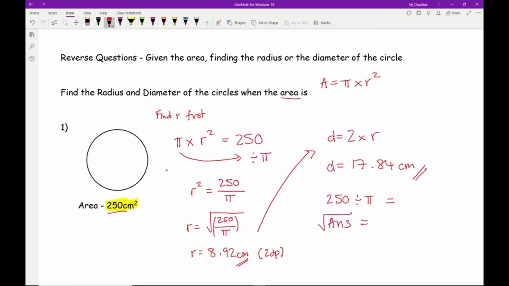Your alternative is doing the square root of 250 divided by pi in brackets, and especially use this method if you haven't got a fraction button like I just showed you on the Casio calculators, and that will give you the exact same answer as what we've rounded up to.